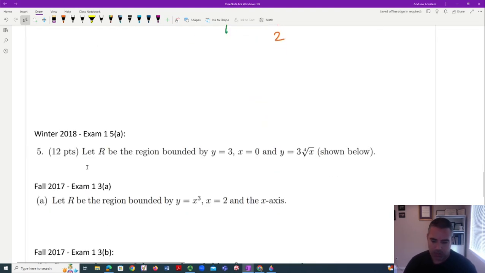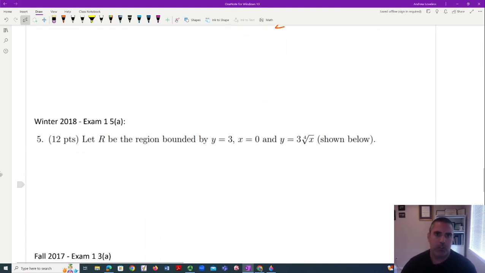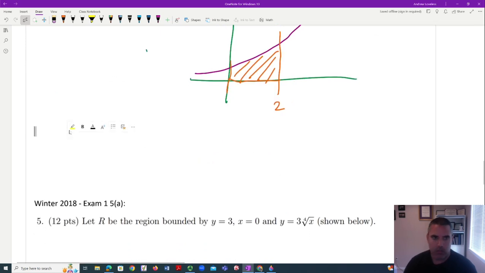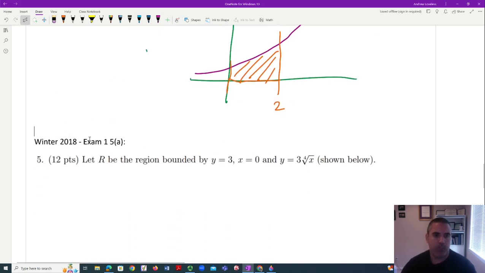Next one, let's keep going. Pause it, and you can try it yourself. This is just an old exam. Let R be this region bounded by those. Uh-oh, it's a fourth root. That's kind of scary looking. But not really. It's going to look just like a square root. Now this time there's a y equals 3.